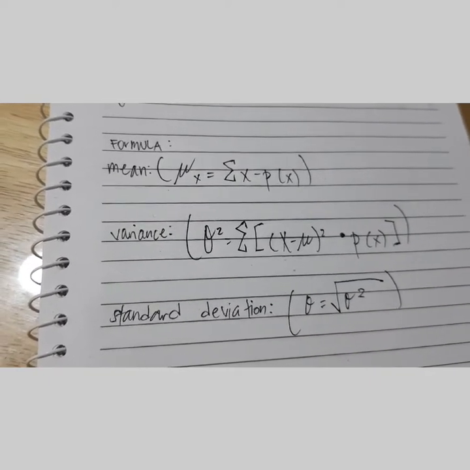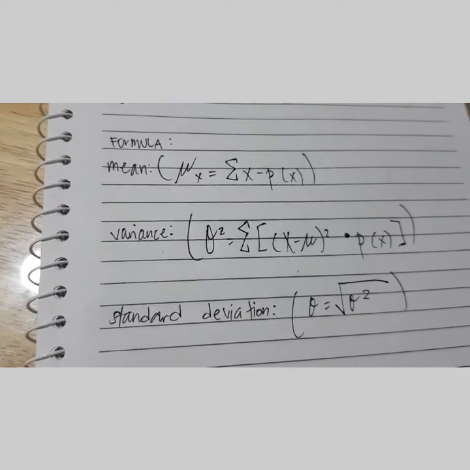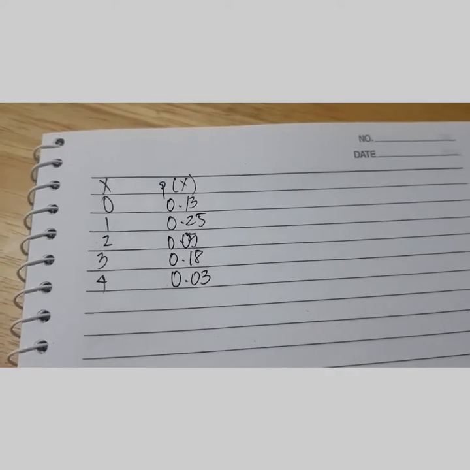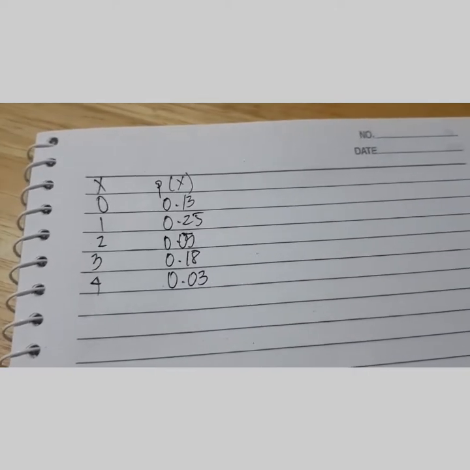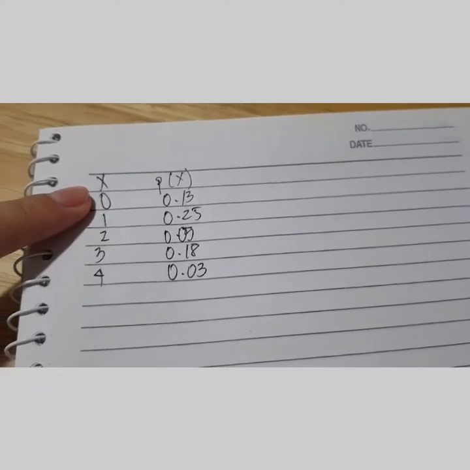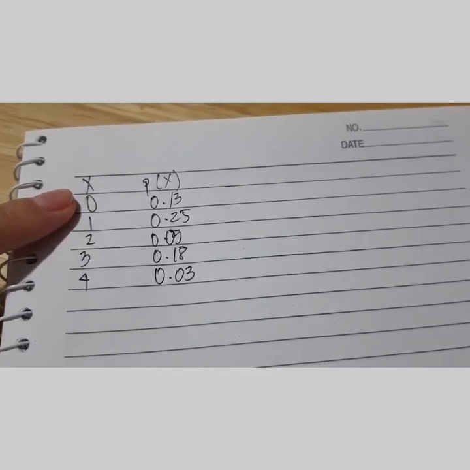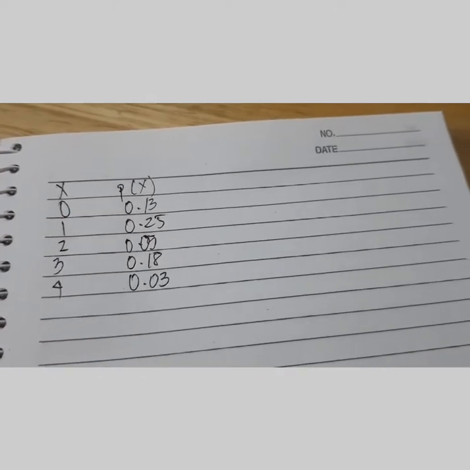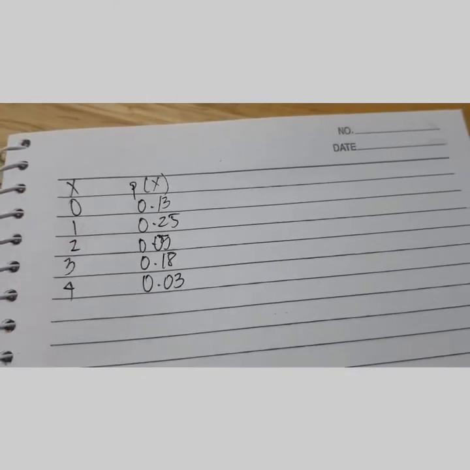To compute the mean and variance using the table, we need x, which represents the random variable x, and P(x), which represents the probability of x.